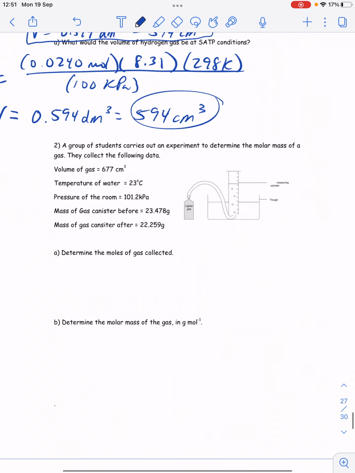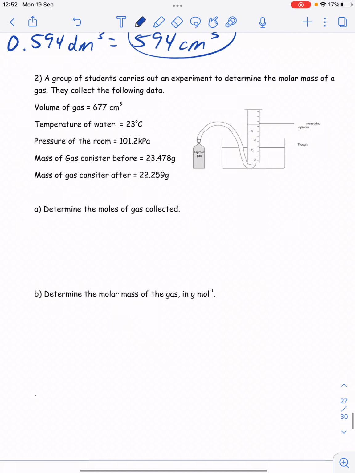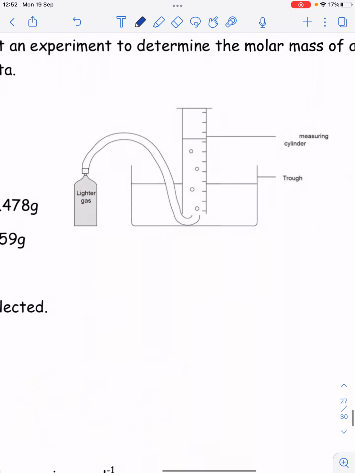Okay. Next, if you're doing an experiment to collect gas and determine its molar mass, you probably end up with an experiment that looks something like this. You've got your container of gas, and you can release gas. These bubbles represent gas bubbles that are being collected inside of an inverted cylinder. And this is water.